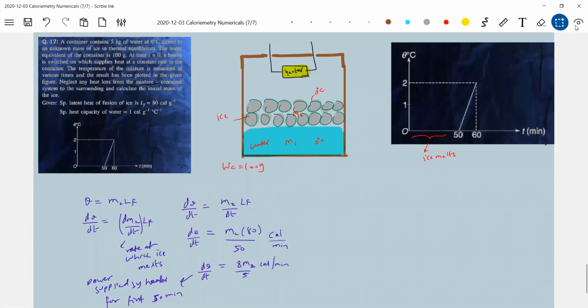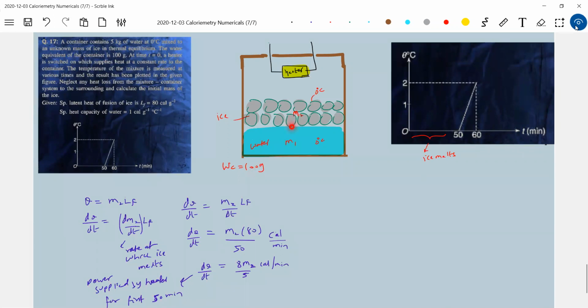Okay, next we'll go for the next part. After this, what will happen? In that 10 minutes, the temperature of the mixture, once ice melts, what is available now? M1 gram, how much? 5 kg of water, so 5,000 grams of water plus m2 grams of ice, and the 100 grams water equivalent of calorimeter.